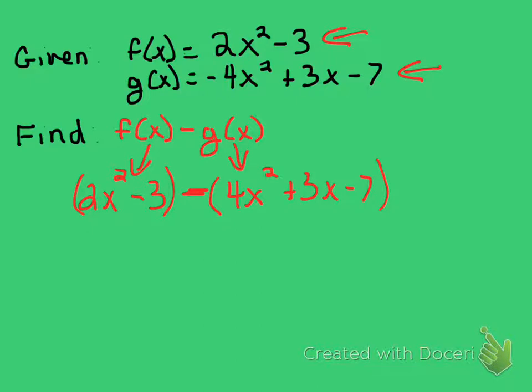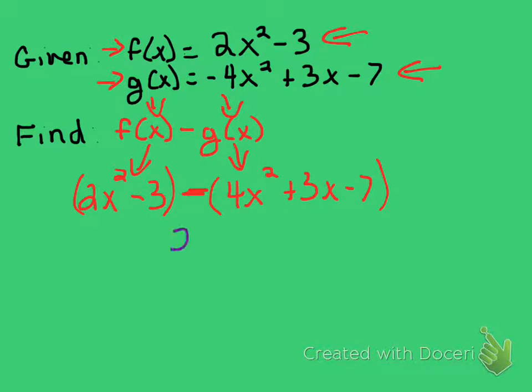Now this should look exactly like what we have been doing in class. The only thing that we had to do in addition was use the function notation instead. Once we're here, you know how to do this. So I'm going to do like I did in class and line them up in my columns.